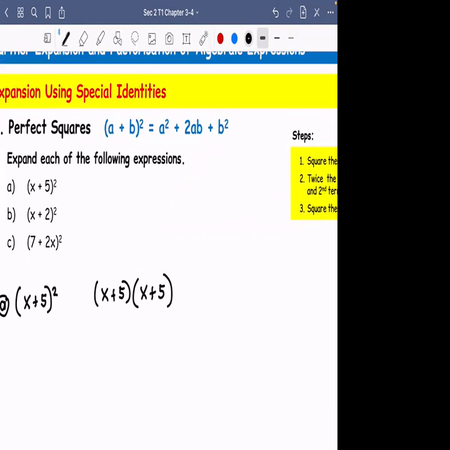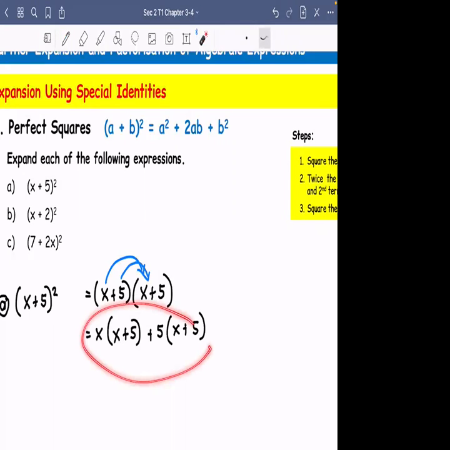Like the usual, this is x times this, so it becomes x times x plus 5, and then plus 5 times x plus 5. This is the thing that we were doing since yesterday, right? And then what's next?